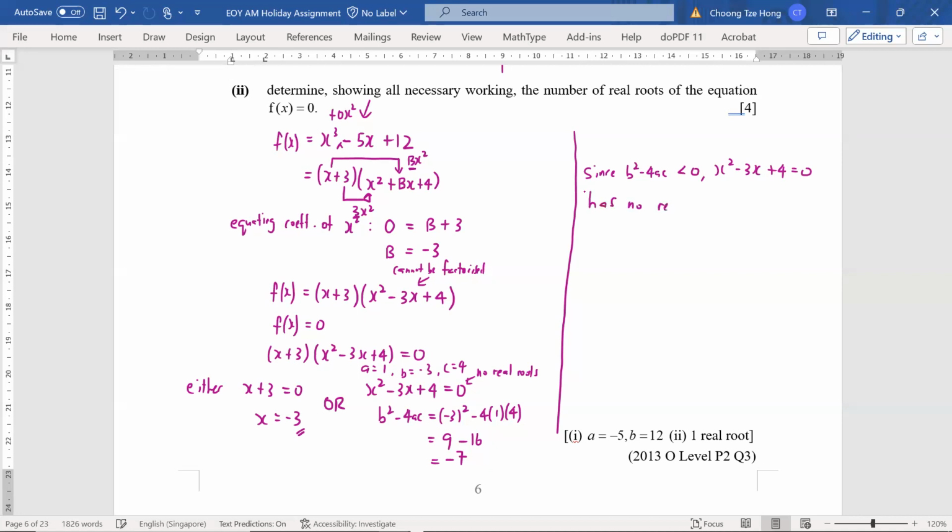So this whole cubic equation f(x) equals 0 only has one real root, which is x equals negative 3. So the answer is there's only one real root. This is how you solve a question like this. Not too difficult. Actually a rather typical question.